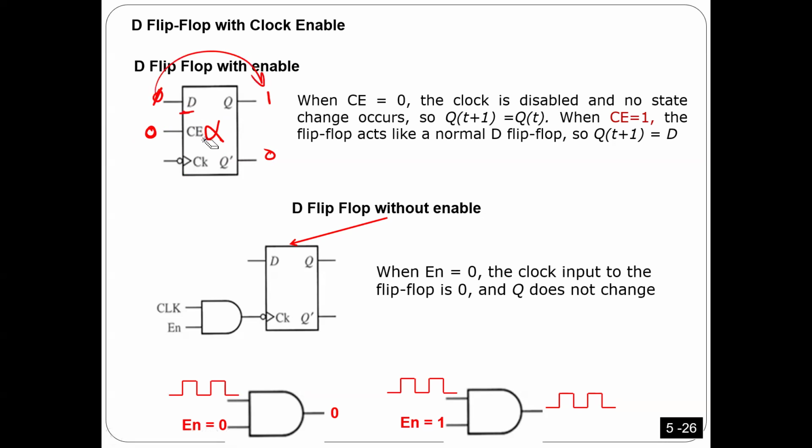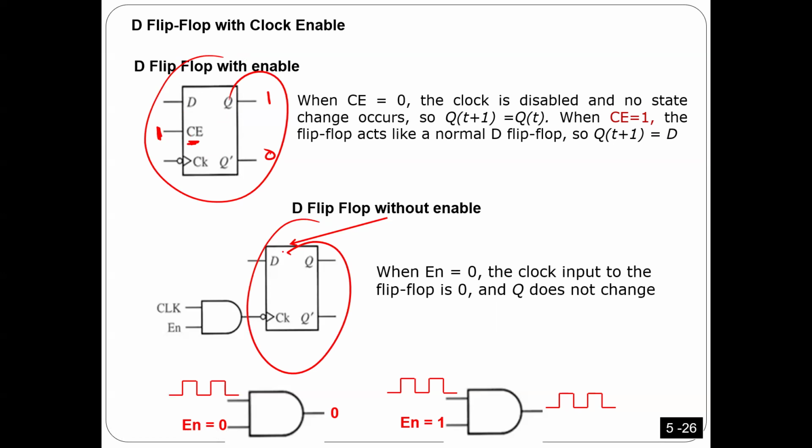Is that okay? But if you put 1 here, now it's going to work normally. And if the device itself, the flip-flop itself, does not come with an enable, you can add it externally, something like what I did here. So that when the enable here is equal to 0, I'm going to block the clock. And it's going to work at specific times.